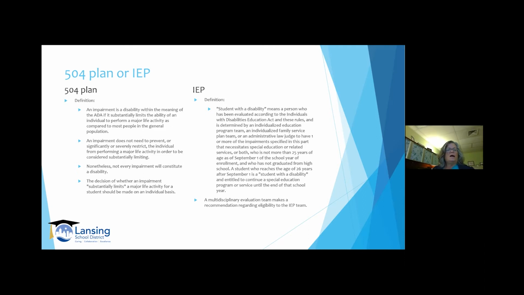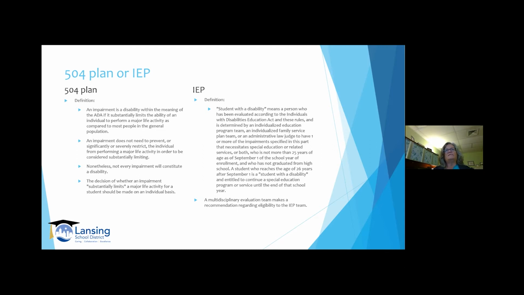So when we look at the definition of a 504 plan, it's an impairment that is a disability within the meaning of the ADA, or the Americans with Disabilities Act, if it substantially limits the ability of the individual to perform a major life activity as compared to most people in the general population.